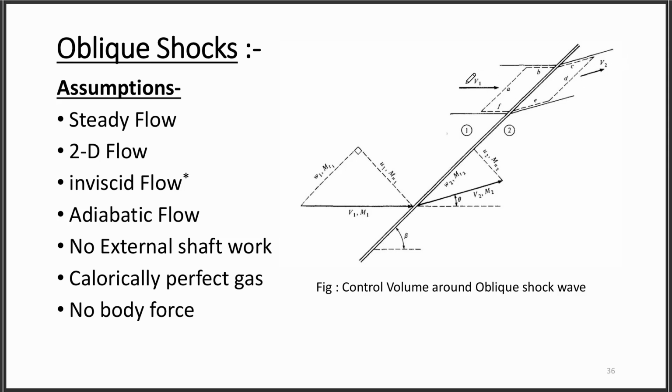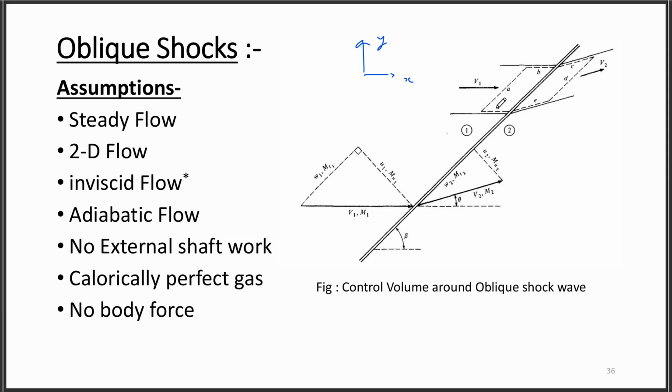So let's say velocity v1 was in direction along the x-axis, then v2 will be in the xy plane. Flow is inviscid in state 1 and state 2, but inside the shock wave it will be highly viscous.